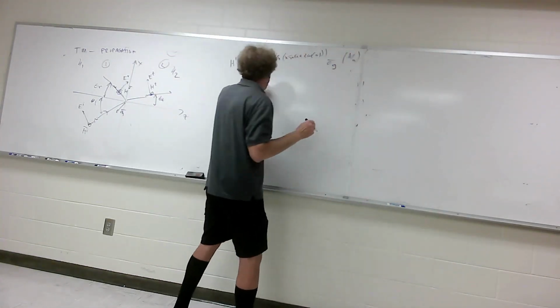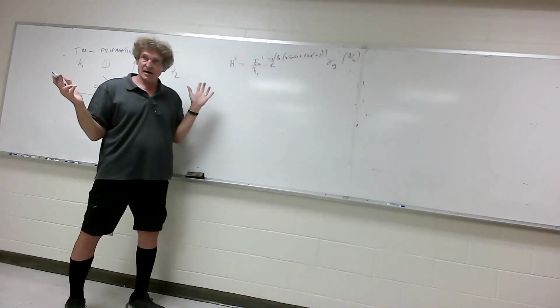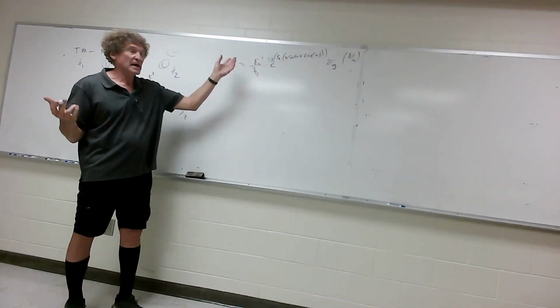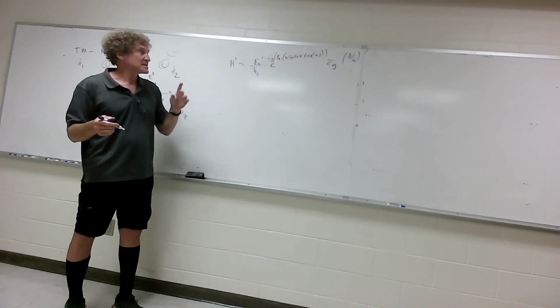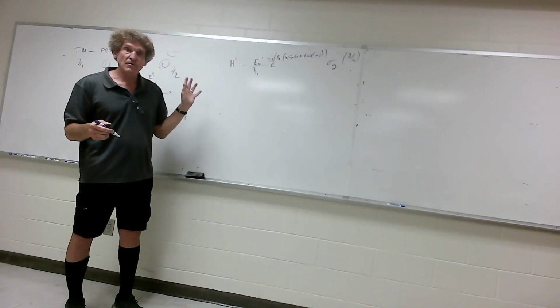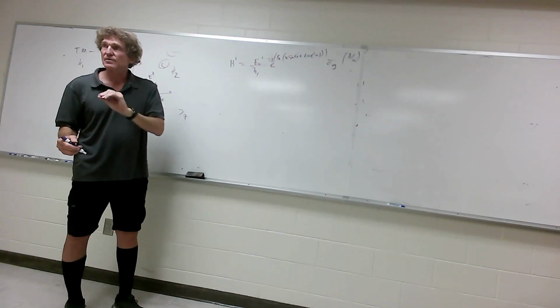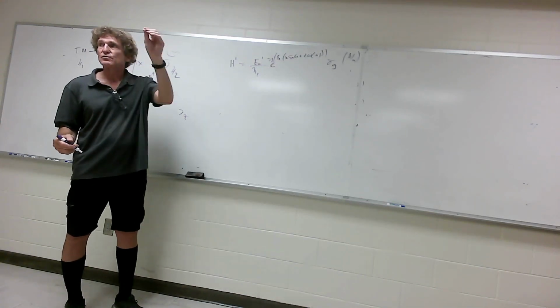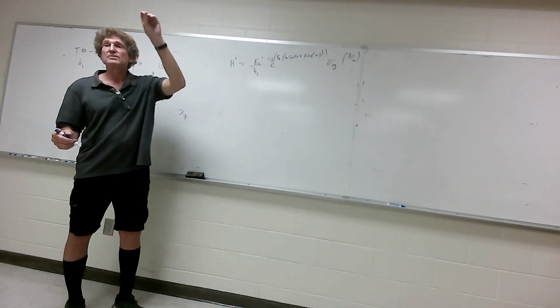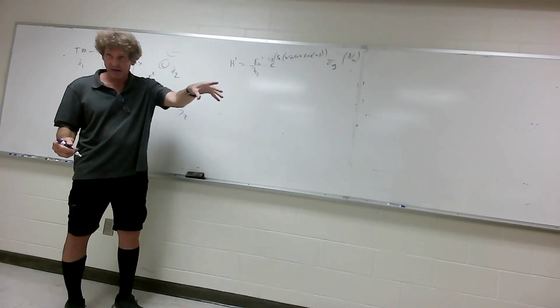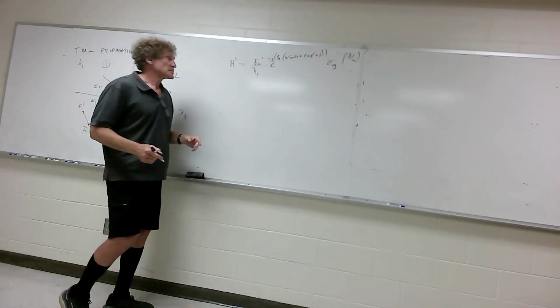But you'll notice it does not have H naught. H naught incident is the ratio of E naught incident over eta. The reason he's doing this is that when he defines transmission and reflection coefficients, it's always the ratio of transmitted E field to incident, not transmitted magnetic. Y'all follow me?